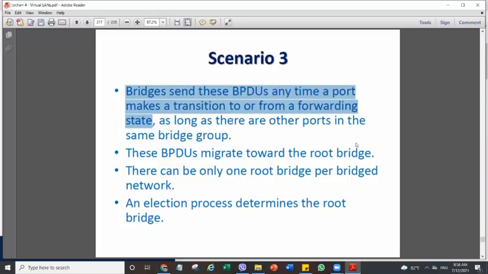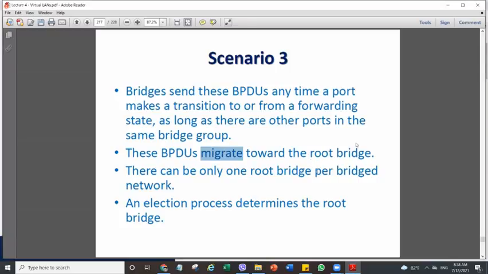So then BPDUs migrate towards the root bridge.